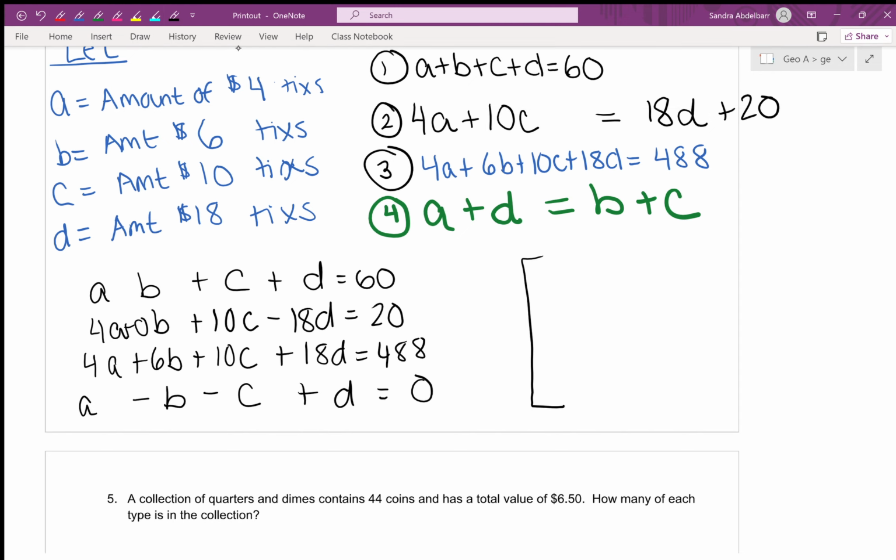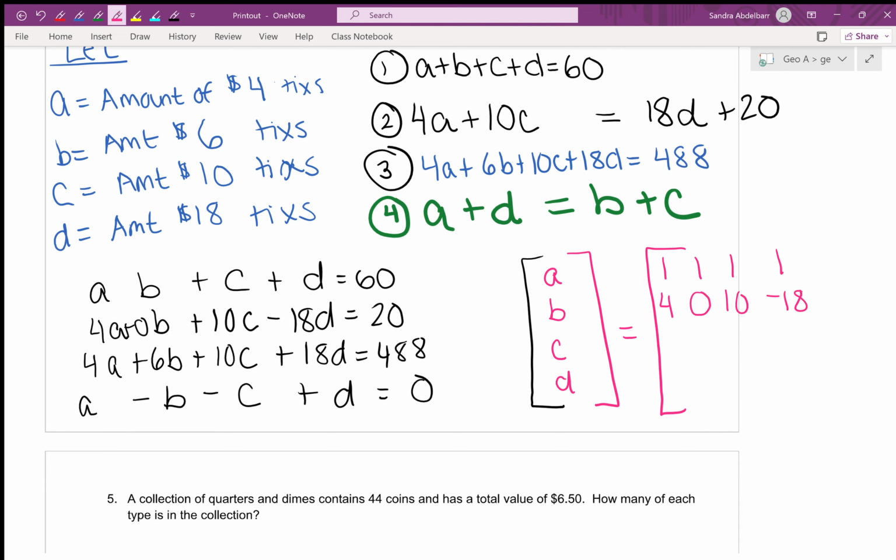My variable matrix, which is A, B, C, D, is going to equal the inverse of the coefficient matrix. So we have 1, 1, 1, 1, 4, 0, 10, negative 18, 4, 6, 10, 18, 1, negative 1, negative 1, 1.